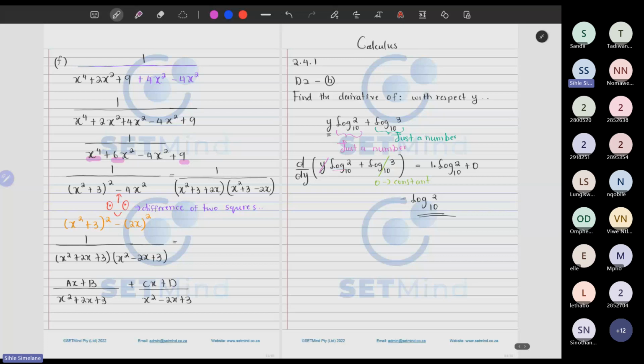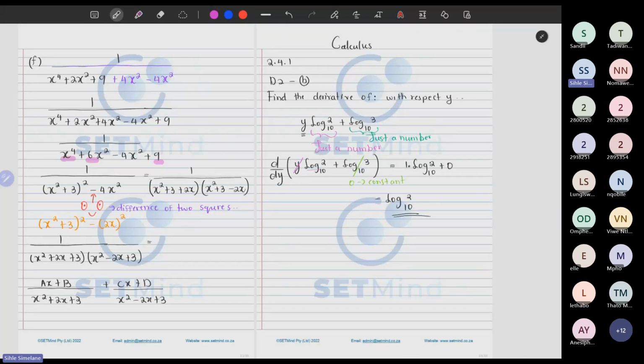Let me see, where is even that? Are you speaking about tutorial questions? Yes, there's a tutorial question on 2.5.1 under A, D5A. And they're saying write down the derivatives with respect to x.